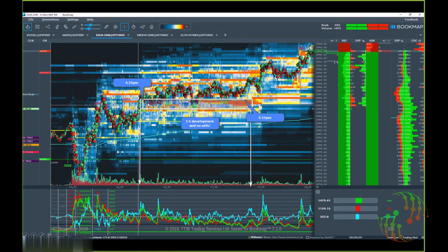You have enough time. Draw a rectangle and find your entry, maybe here at 86 in this case, and the stop is absolutely clearly definable. It must not go below this 84 area here. If this rectangle is broken, then something is wrong, something is amiss. You are out of this trade and wait for the next opportunity.